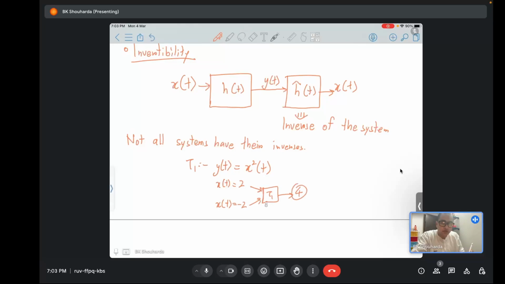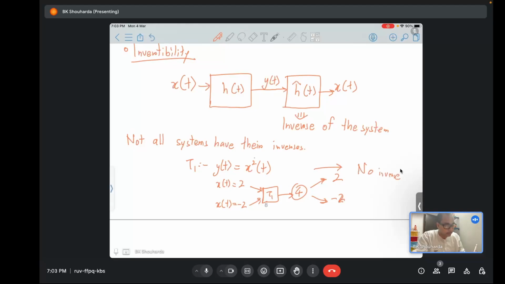Now if I have 4 only, then there's no way for me to determine back whether it came from a 2 or whether it came from a minus 2, because I lost that sign information in the squaring operation. Alright, so this system does not have any inverse, no inverse.